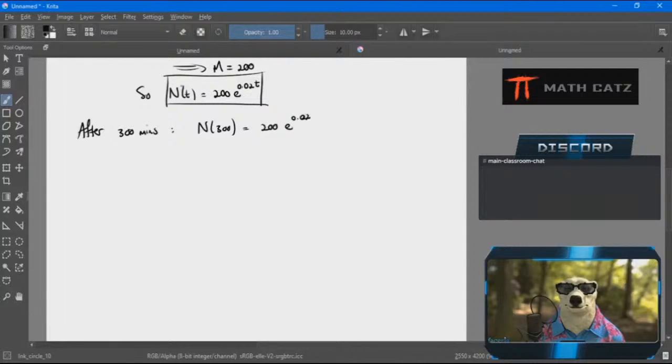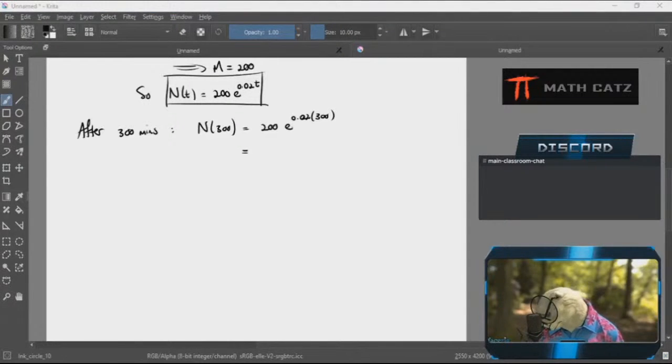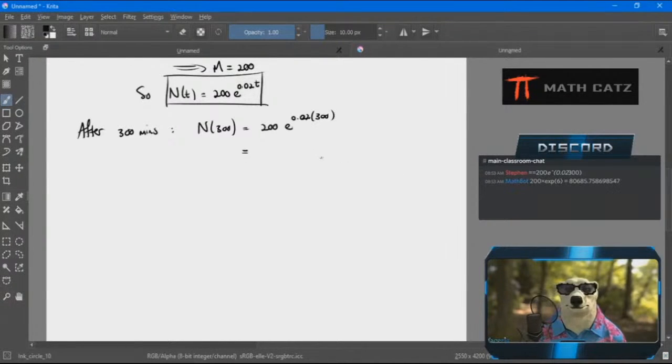First one is, I have my function here. Given a time value, what's the population? So I plug in 300 and calculate that. We get 80,685.76, let's say.